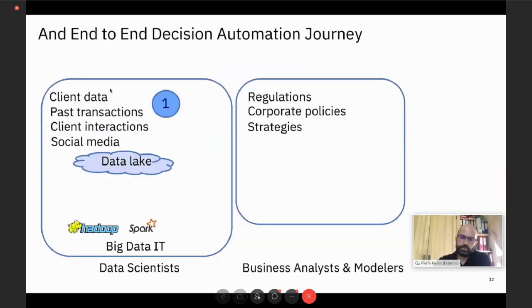Based on, let's say, most of the client conversations that we had in the past years, you have a kind of split of the organizations between the data science part and the operational, the decision management part.